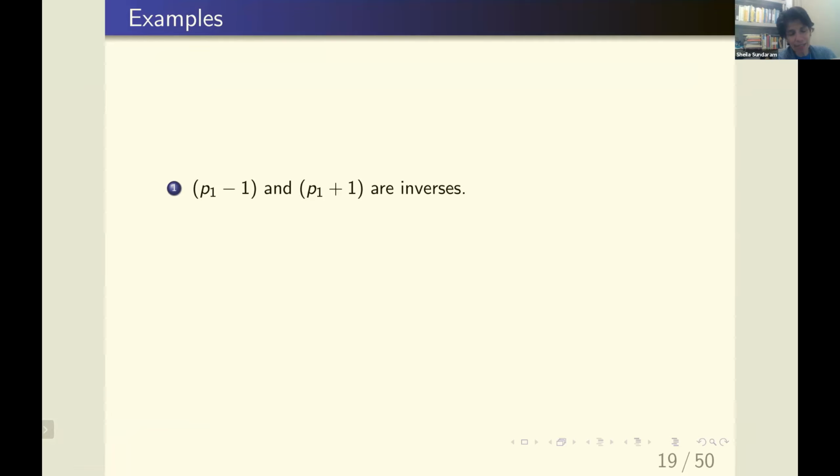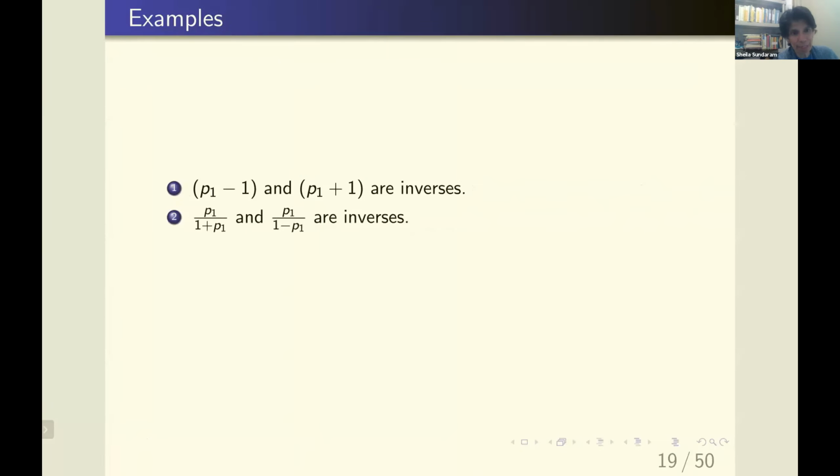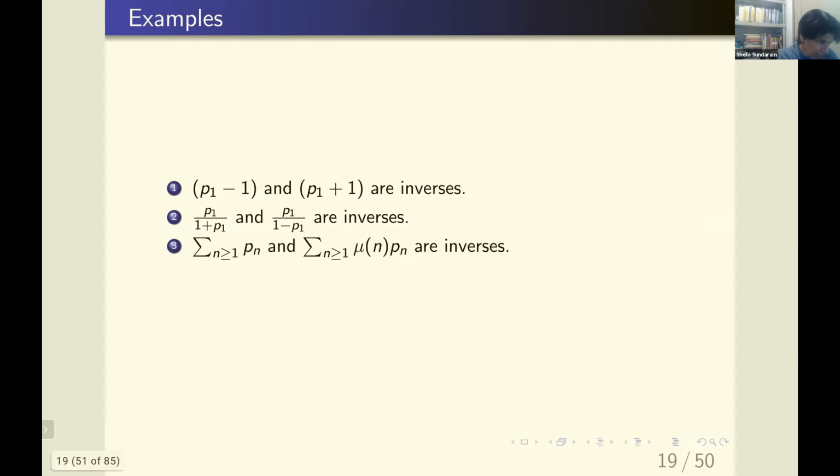The plethysm of P_m with P_k is just P_mk, right? So these are all P1s, so it's very easy to compute. And then this one is slightly less trivial. I wanted to include this because you can play around with it.